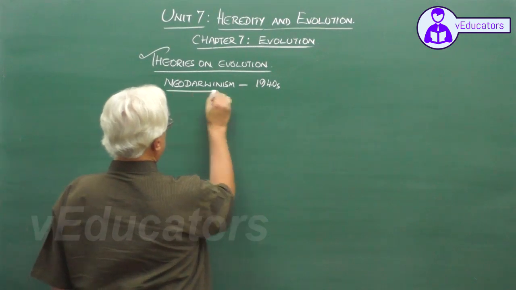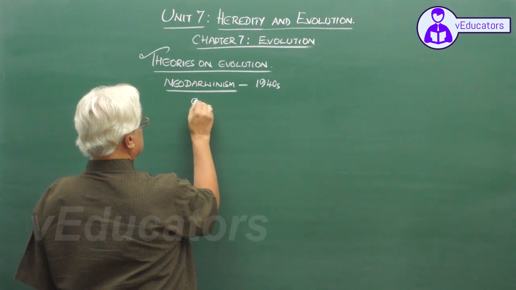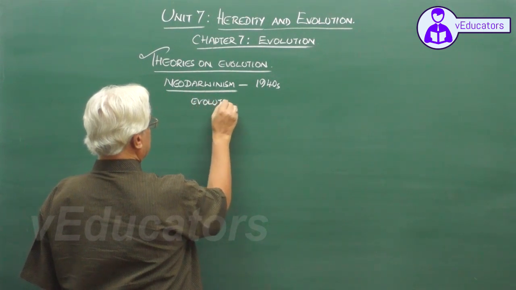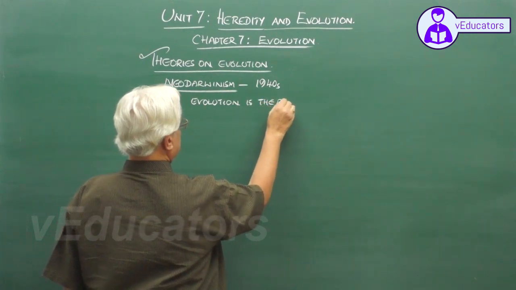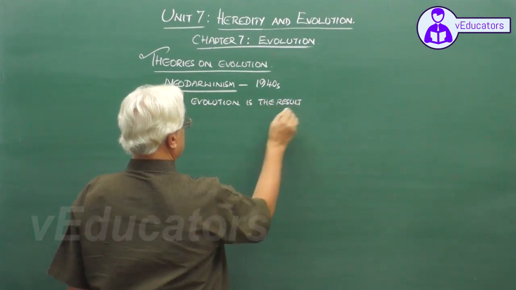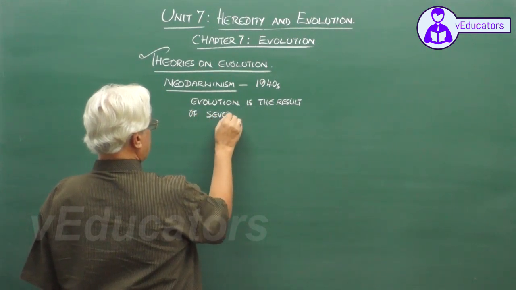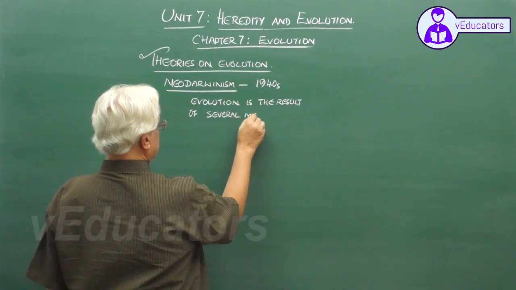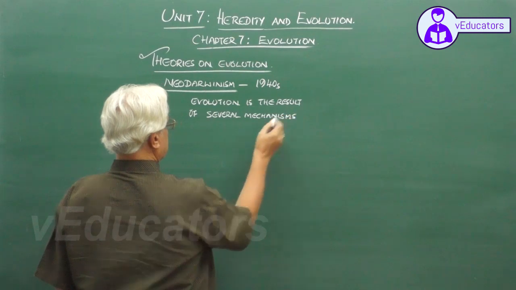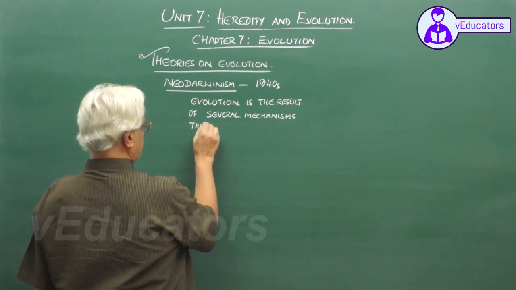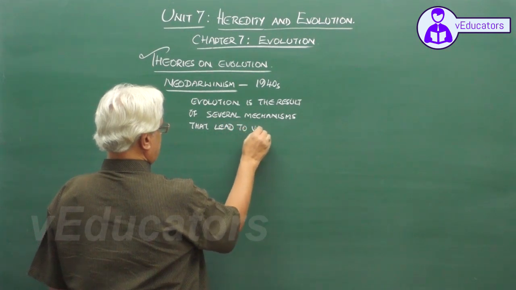So according to Neo-Darwinism, evolution is the result of several mechanisms that lead to variations.